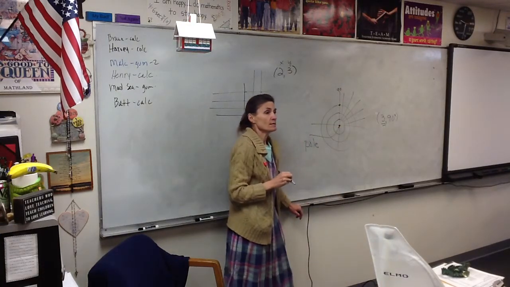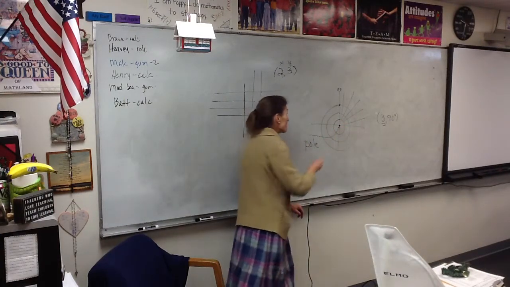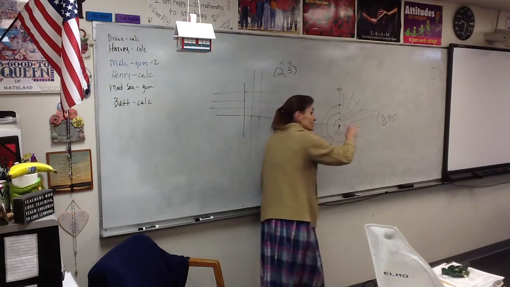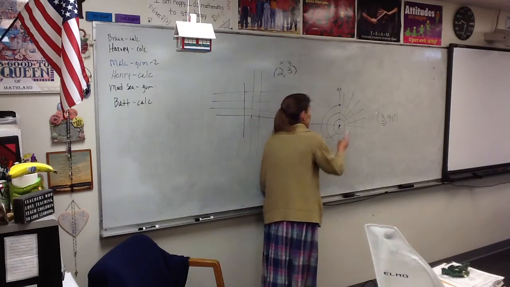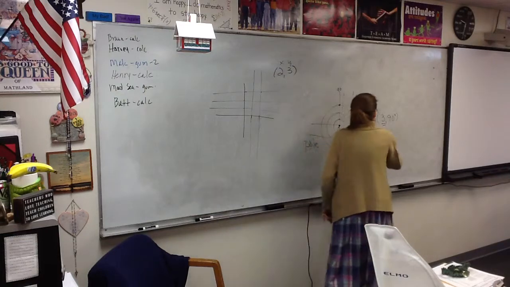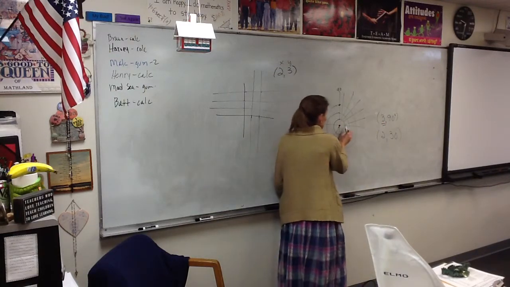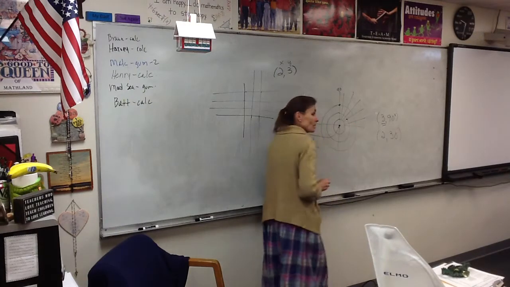Now your points will be identified in terms of a distance or a radius. Since it's a circular system, you can think of that distance as a radius from the pole and an angle in standard position. So 2, 30 would be 2 circles out, an angle of 30 degrees. That would be 2, 30.